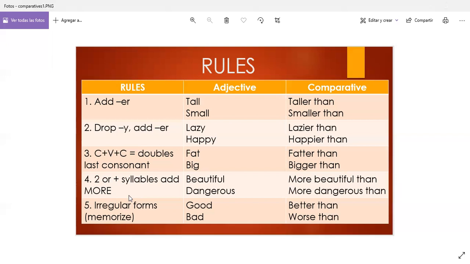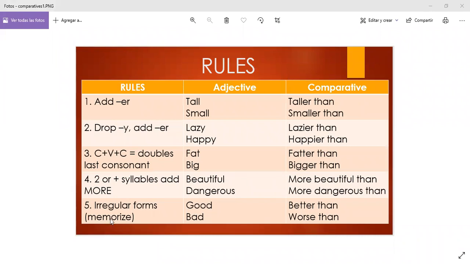And also the adjectives that end with ing, such as interesting, such as boring. Here we have the comparative, that is more beautiful than and more dangerous than.